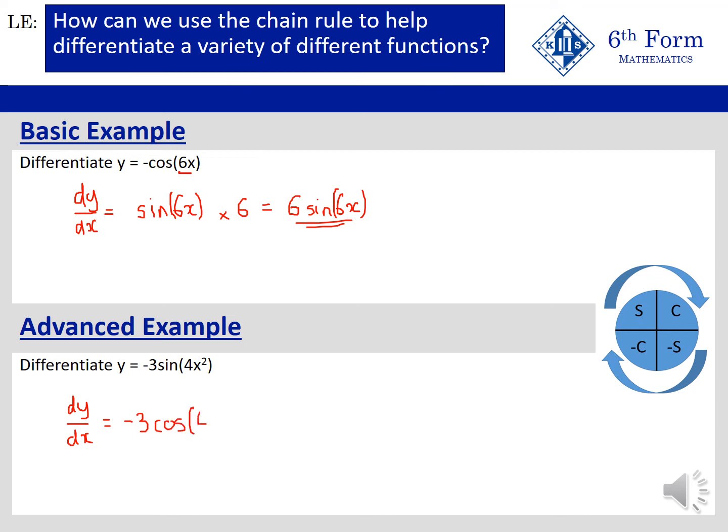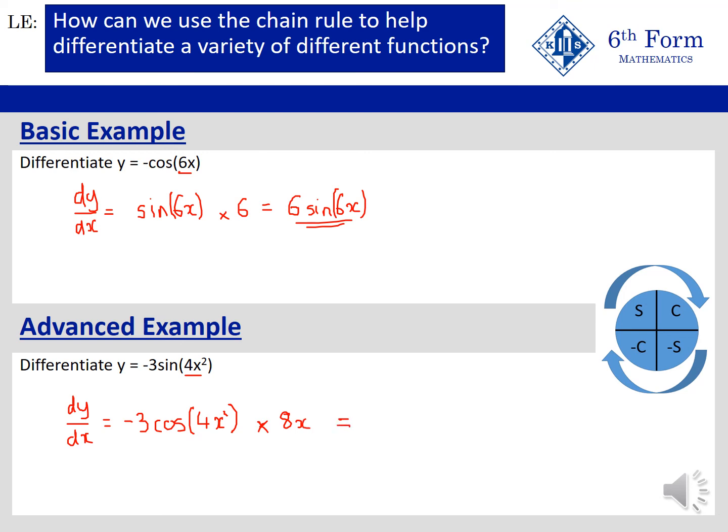You should notice that I've left the 3 well alone at the front for now, and whatever's on the end of the trig function has stayed the same as well. And as our correction to deal with the chain rule, we need to multiply by what we get when we differentiate the 4x squared. So if we differentiate 4x squared, we are going to come out with 8x.